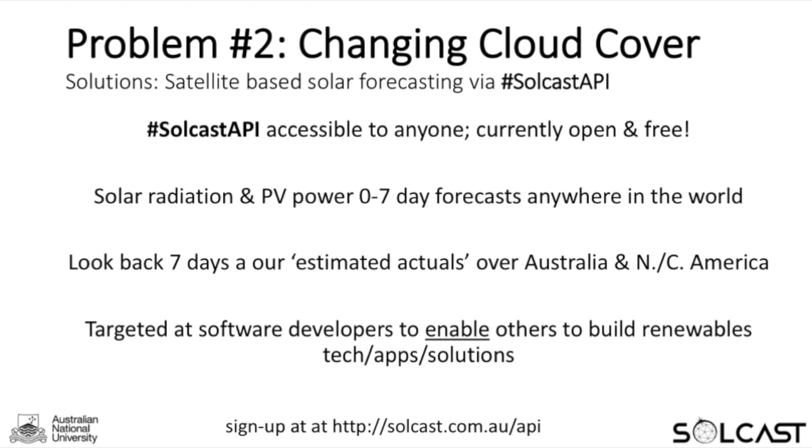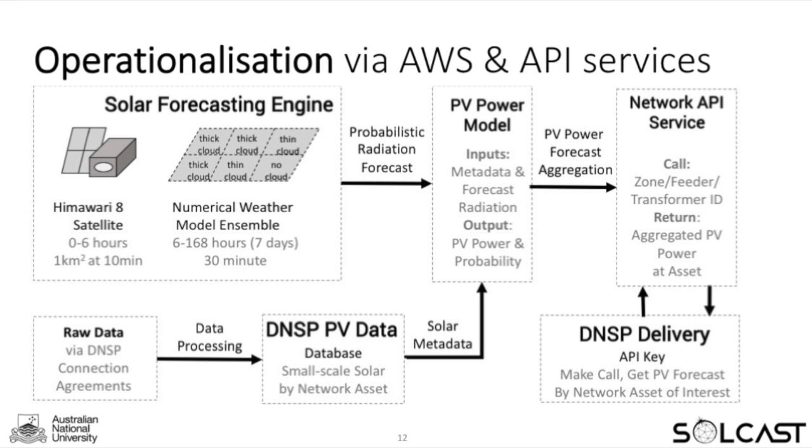And so this is something that is built in that spirit of being able to build other technologies on top of this system. What we're doing with this API framework goes much beyond just producing solar forecasts for individual PV systems or at a given location. We're actually building an API service that will be servicing back to these distribution networks that allows the solar forecast to be seen down into the LV network.